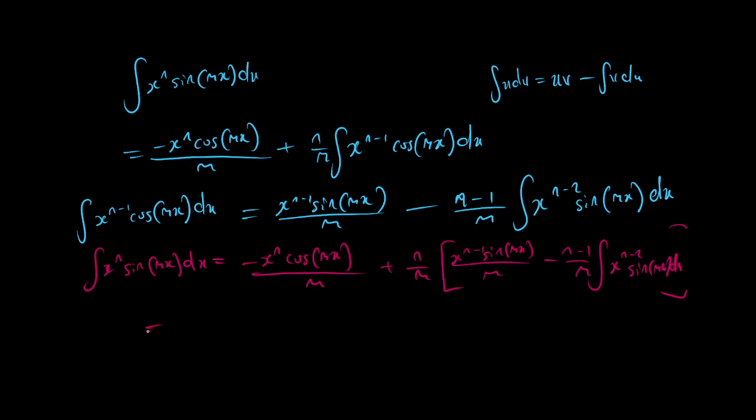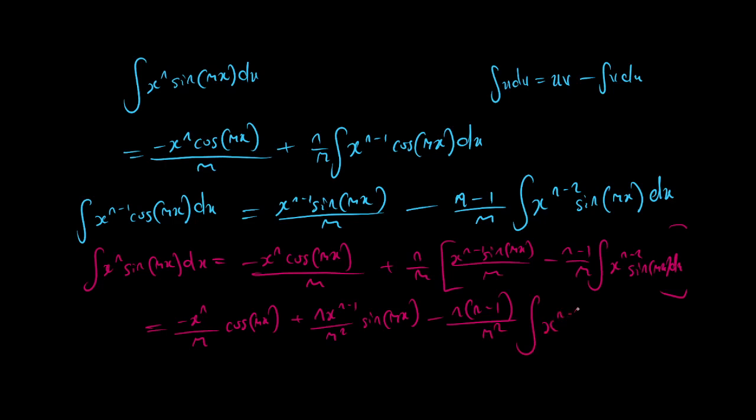So that would be equal to negative x to the n all divided by m cosine of mx, plus n x to the n minus 1 over m squared sine of mx, minus n times n minus 1 over m squared times the integral of x to the n minus 2 sine of mx dx.